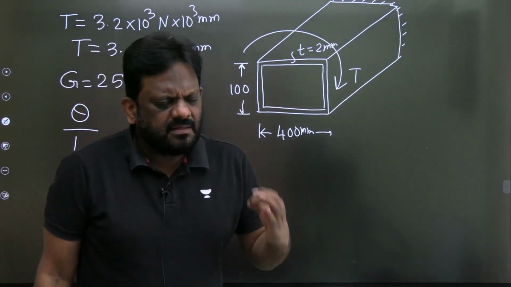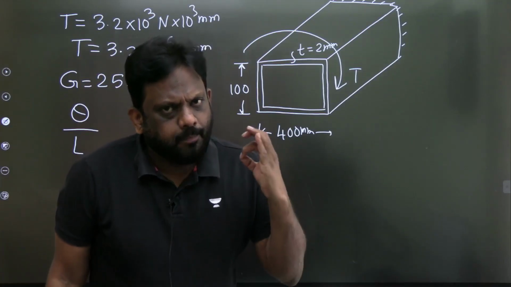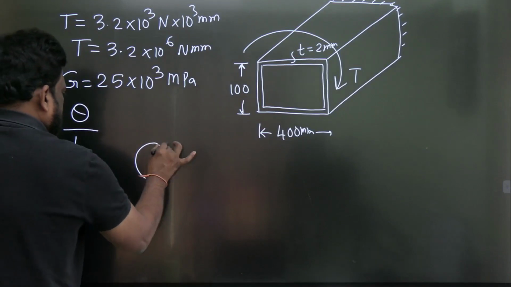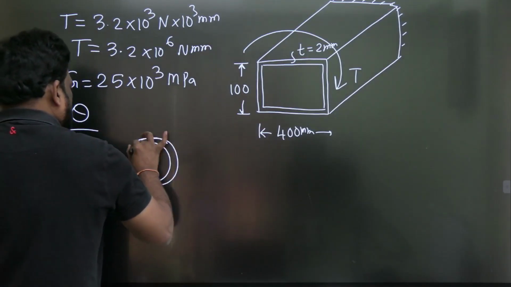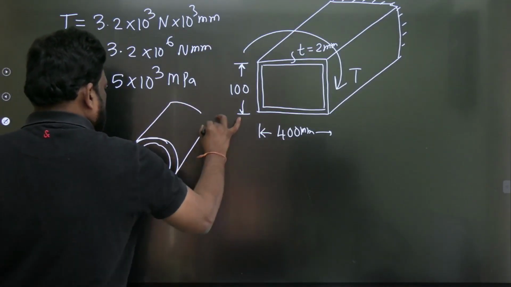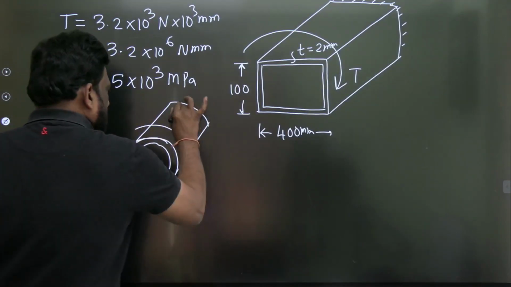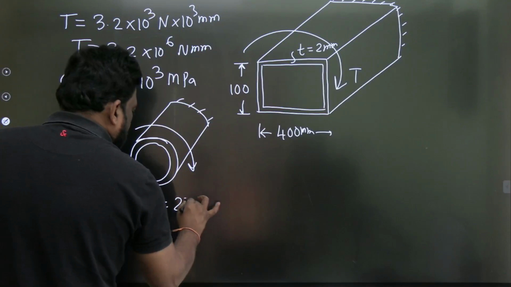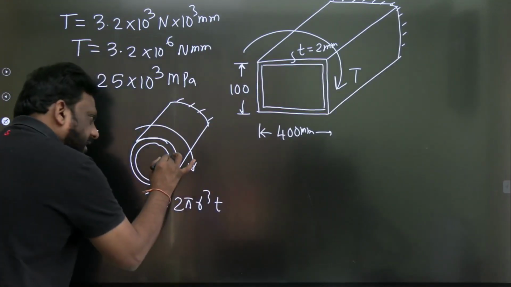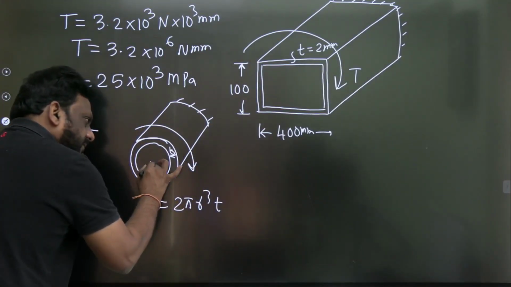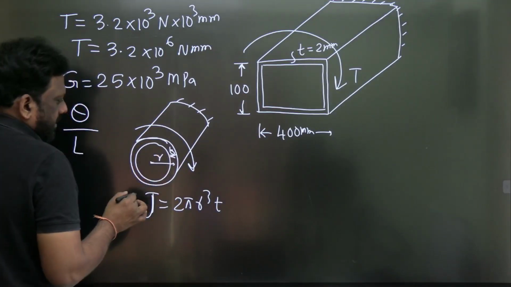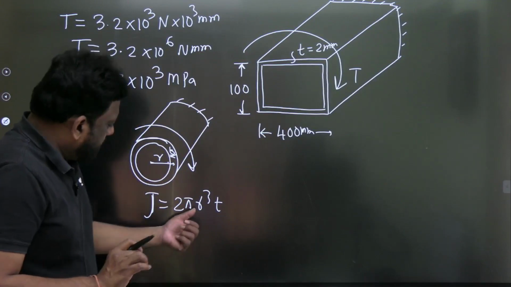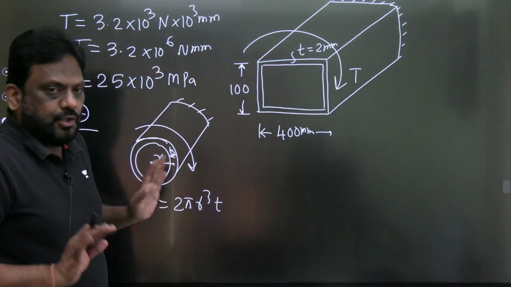If it is a thin circular member, the polar moment of inertia is 2 pi r cube t, if the thickness is t and the mean radius is rm. It doesn't matter whether it is mean, inside or outside, because the difference is so small. So generally we take mean.